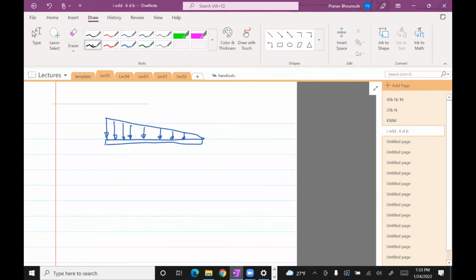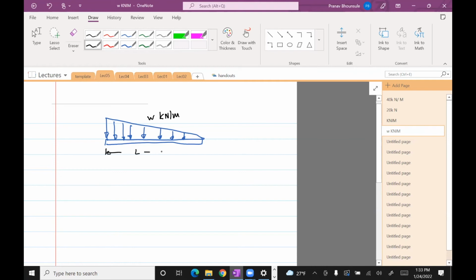Let's say that this is W kilonewton per meter, but it's not quite rectangular. So in this case, if you want to find the effect of this force, what you need to know is where's the centroid of a triangle? I think it's 2/3 from here, so it's 1/3.